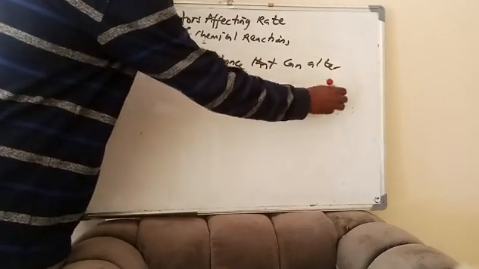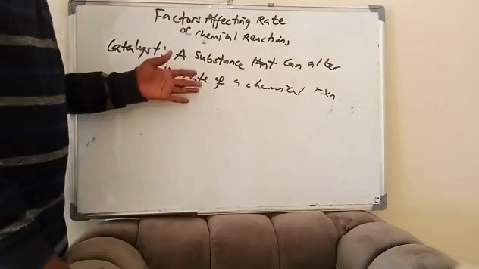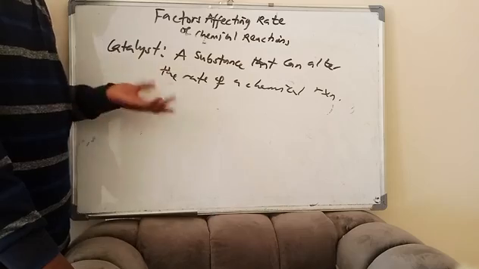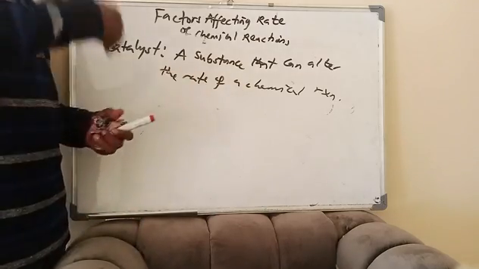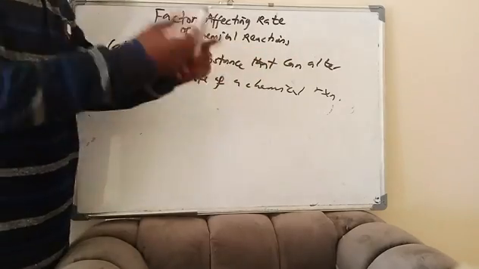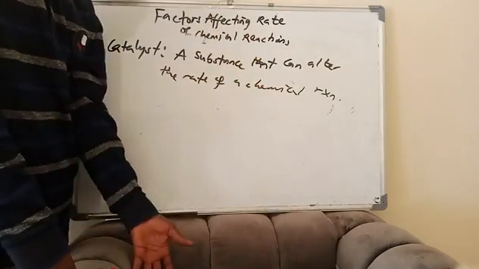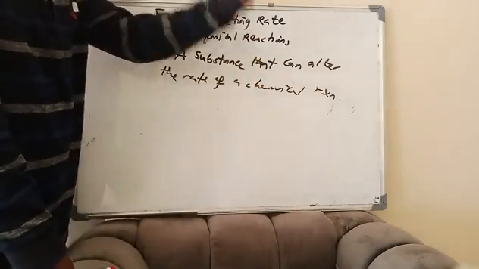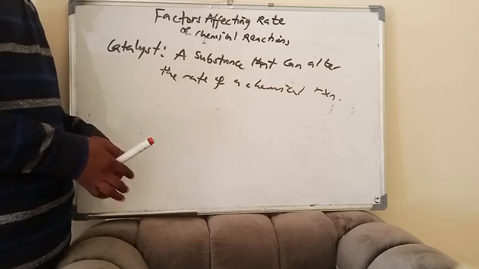A catalyst is like the enzyme in the body. They are the inorganic enzyme, while enzymes are the organic catalyst. A catalyst has the ability to change the rate of the chemical reaction. It can speed it up, or it can decrease it. Mostly we use catalysts to increase the rate of chemical reaction.